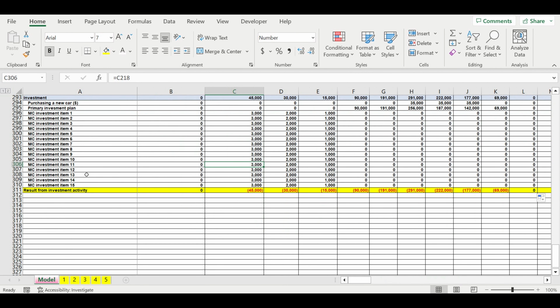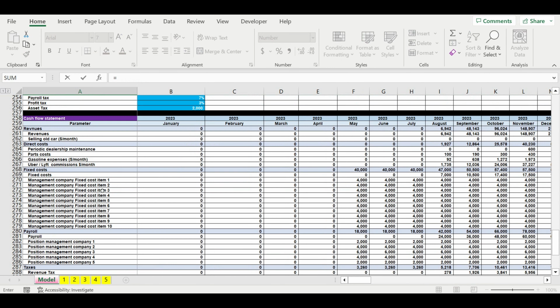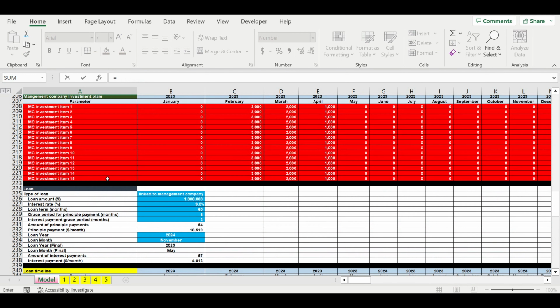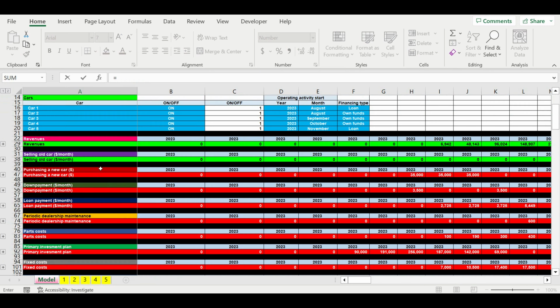Then we are moving to financing activity. So let's say this will be equity. In columns, let's write our money. Then we will have, let's go up. So purchasing a new car, down payment.